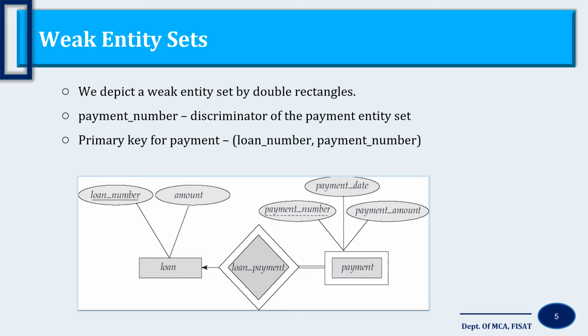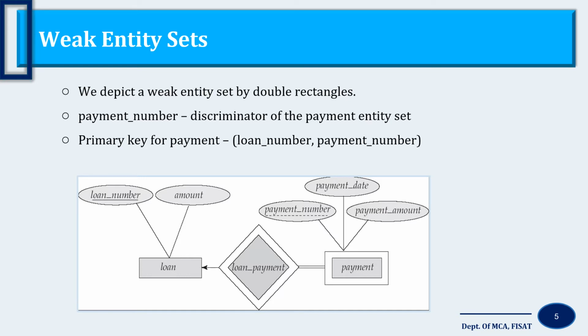This weak entity set can be depicted by double rectangles in Chen's notation. It is represented by double rectangles. And the payment number, as it is the discriminator, is represented by a dashed line. Usually the primary key is represented by a solid underline.